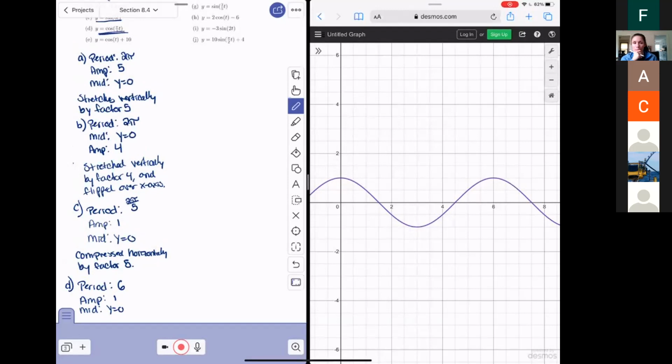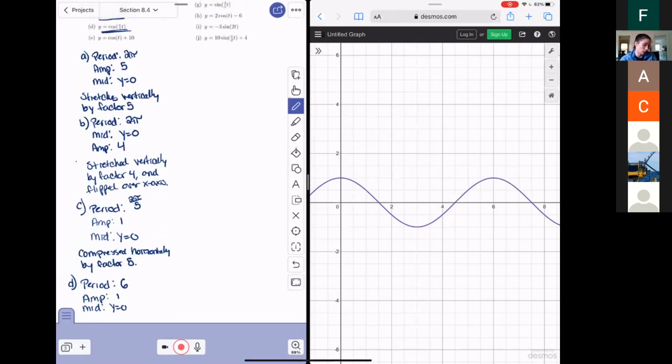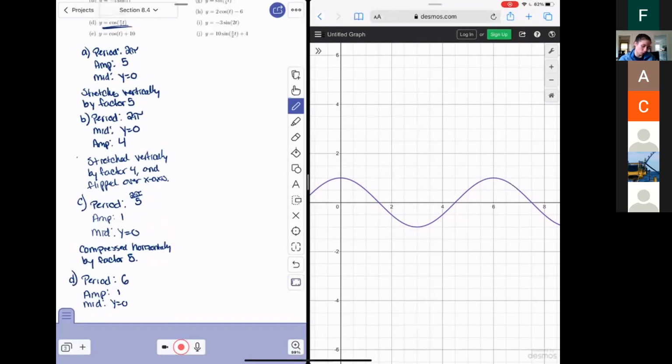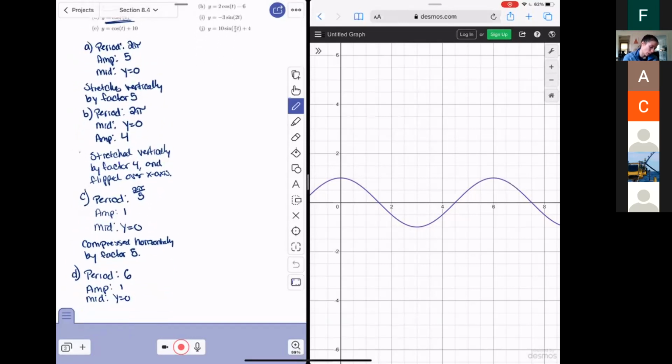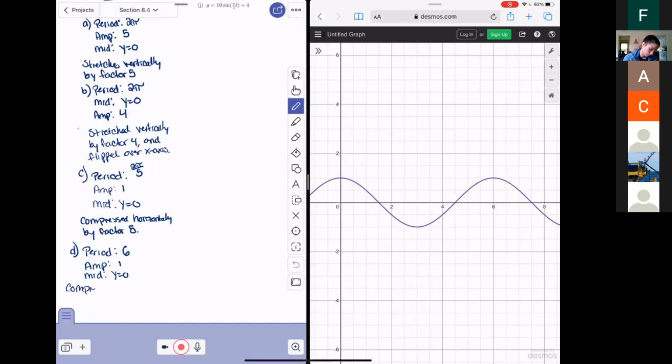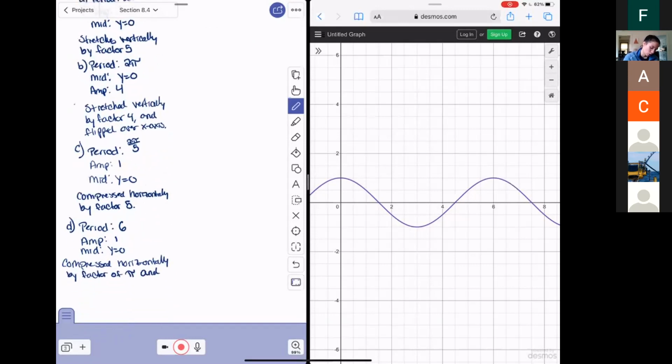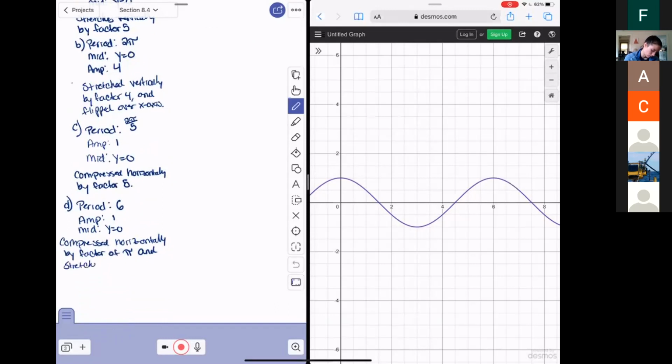Yeah, so this one, since it's a fraction, there's a couple different things you could do, but I think the most straightforward thing to do is say that it's being compressed horizontally by a factor of pi and stretched horizontally by a factor of 3, right?